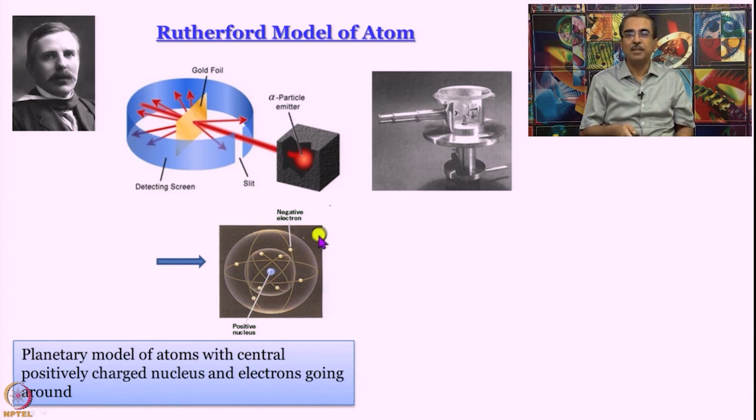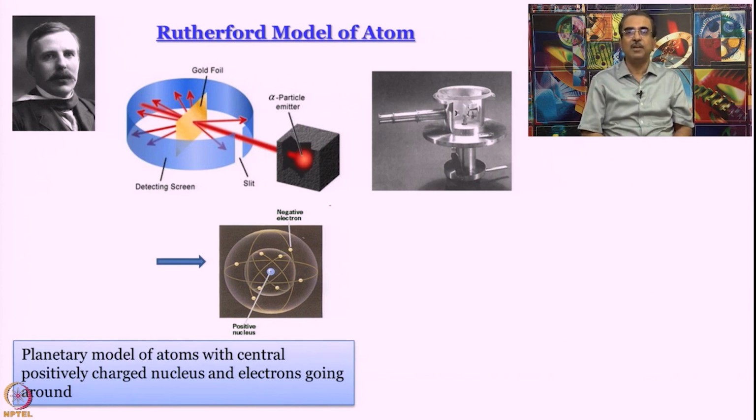But then what about the electrons? They have to be in this void space, but if they are stationary, then they would be attracted by the nucleus and they would just fall upon the nucleus and get annihilated. To explain this, Rutherford invoked a planetary model. It is known that planets go around their stars, right, Earth goes around the sun.